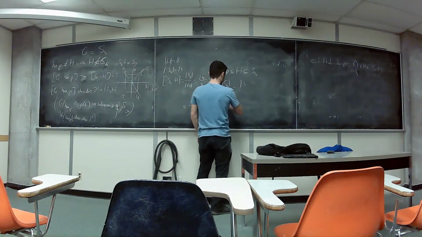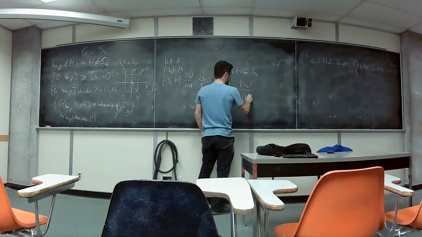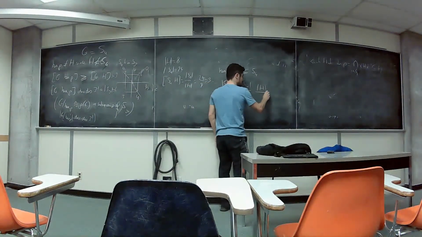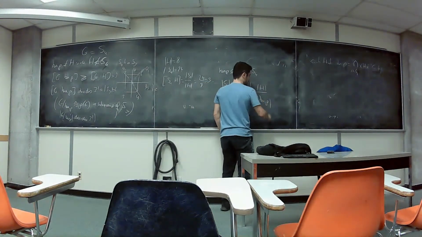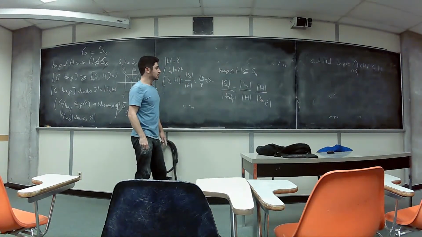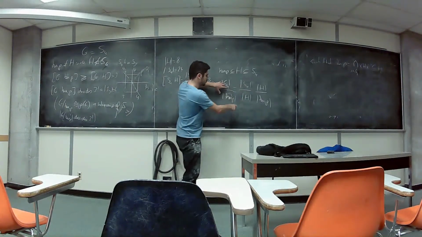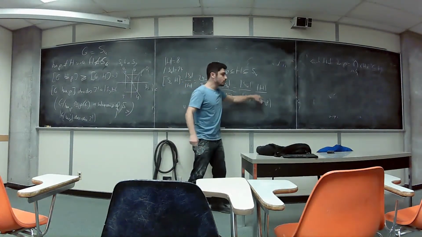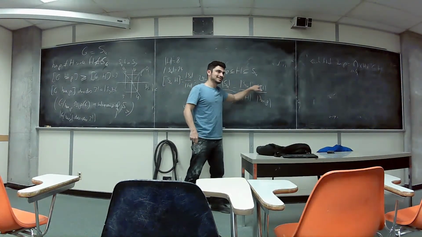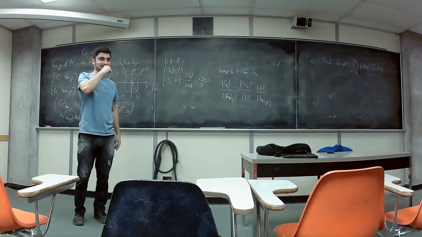So the index of S4 over the kernel is the index of S4 over H times the index of H over the kernel. Agree? Now if the index of S4 over H equals the index of S4 over the kernel, then the kernel would equal H. But this is not possible since H is not normal in S4. Is that clear?